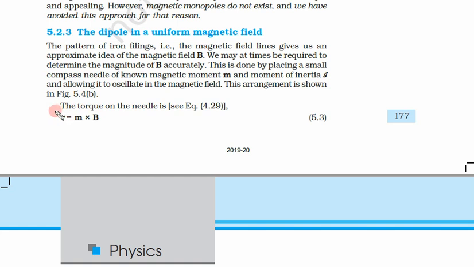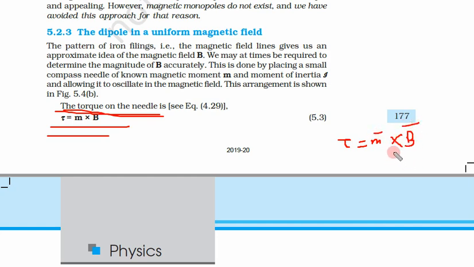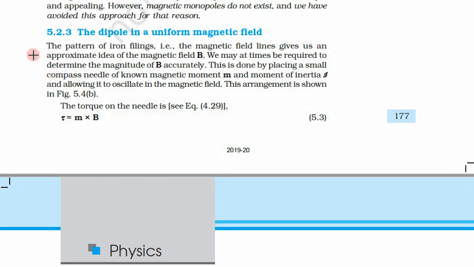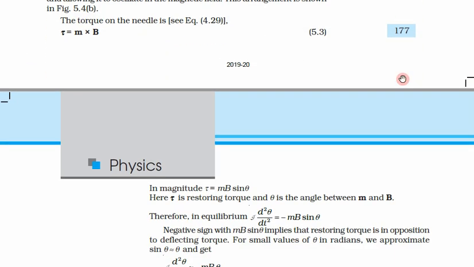Now what is the torque? In the previous chapter we have seen the torque on the needle would be tau is equal to m cross B. So the torque is magnetic moment cross B. Again this is a cross product, that means sin theta.